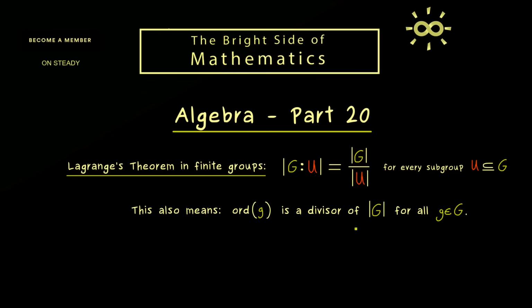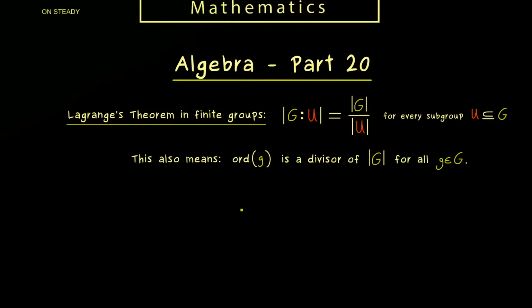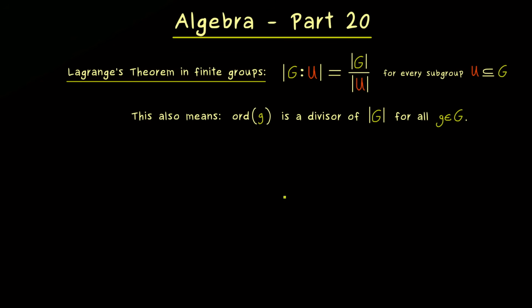Moreover, here we can also use our knowledge that the order of an element is related to repeating the group operation until we reach the identity element. This simply means that we can write g to the power of the order of g and get the identity element e out. And in fact, this is almost already Fermat's little theorem in group theory.